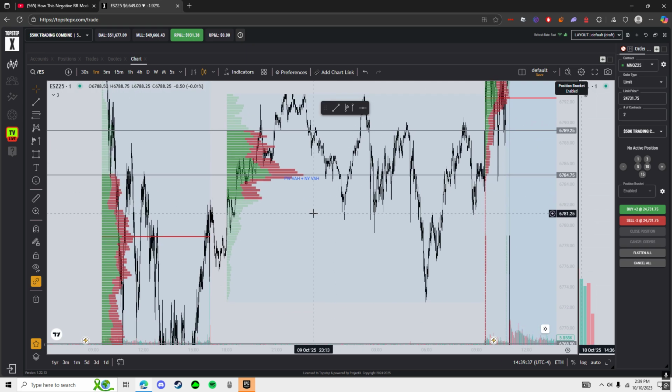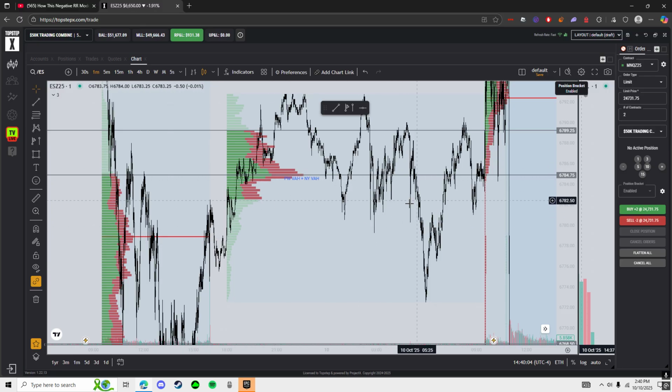Also, I believe my stop loss was relatively tight. I think I put it right here, just so I can have support from the value area high from New York, the overnight's POC, the value area high from the previous week, and New York session's POC.